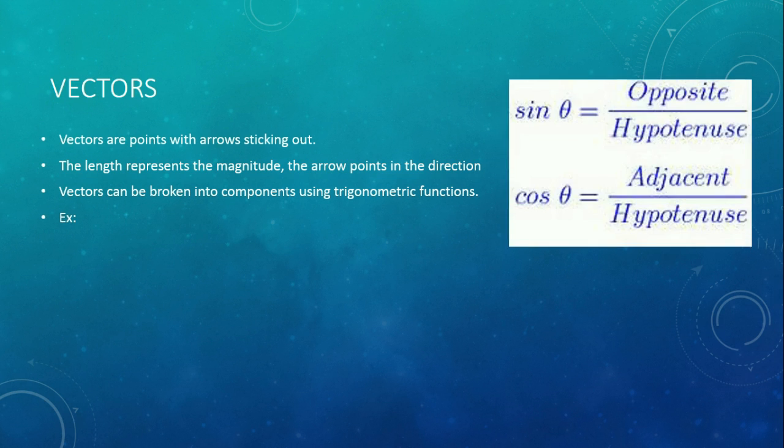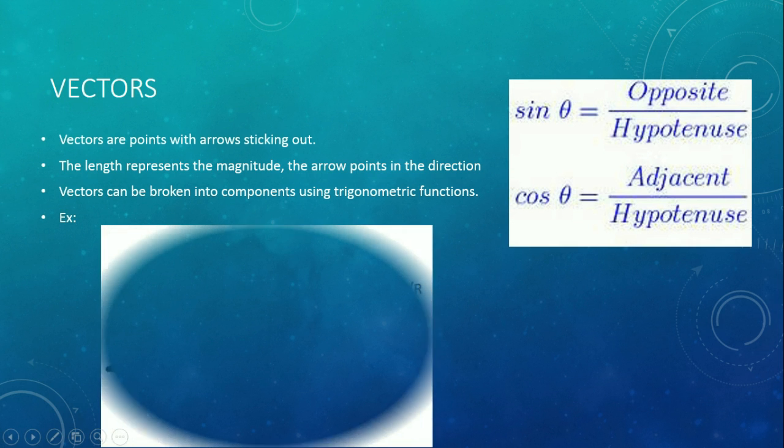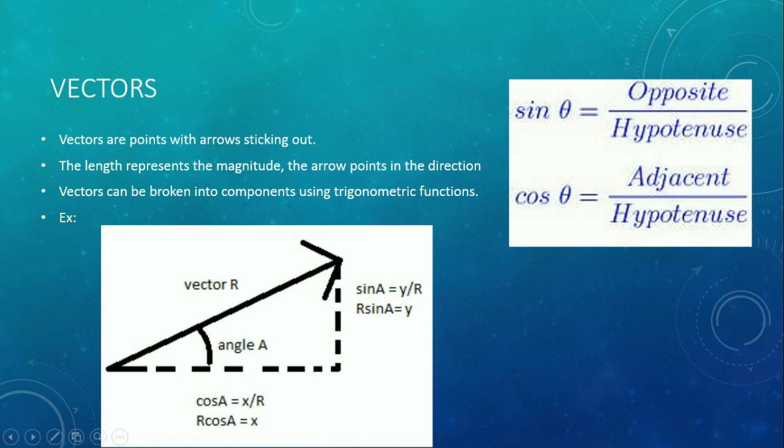So using sine and cosine and the ratio, we can solve for the x and y components. So here's the example I'll show you here. So we have vector r, angle A, and so let's solve for the y component.